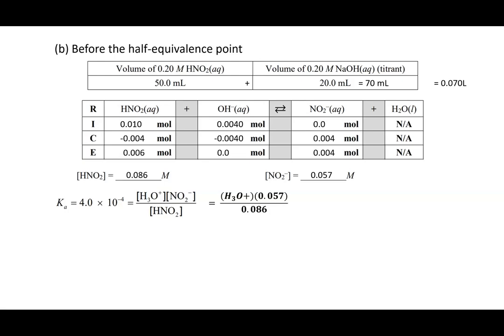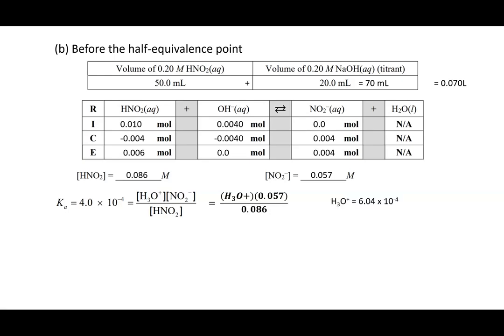Now I know NO2 minus because I just calculated it, and I know HNO2 because I just calculated it. The thing I don't know is H3O plus. Okay, so because this is still in equilibrium, this relationship holds, and I can now solve for H3O plus.